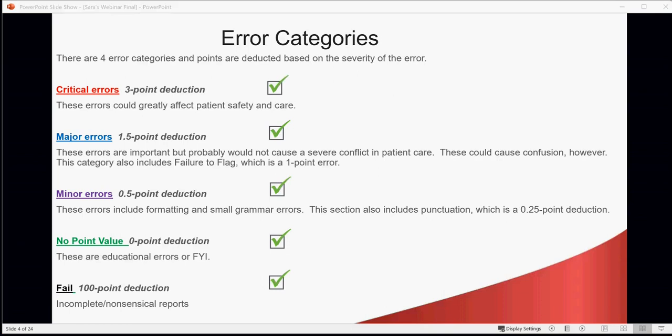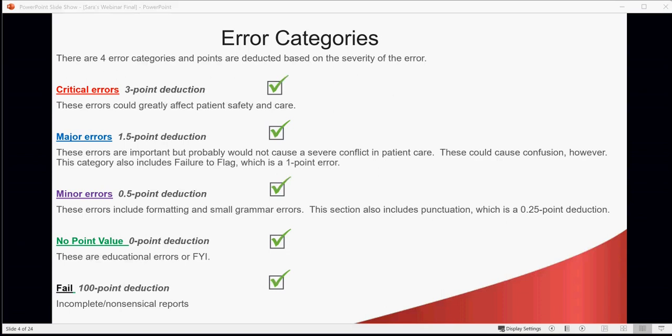These errors could greatly affect patient safety and care. Major errors, 1.5-point deduction. These errors are important, but probably would not cause a severe conflict in patient care. These could cause confusion. However, this category also includes failure to flag, which is a 1-point error.